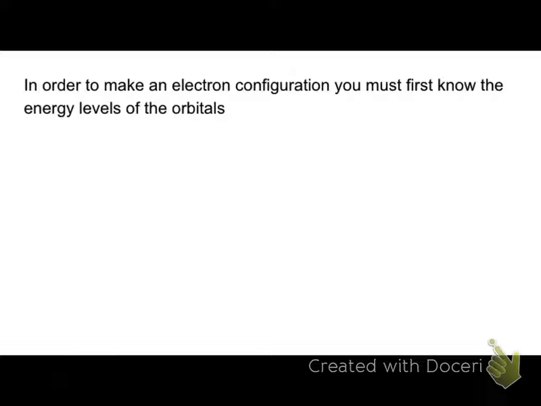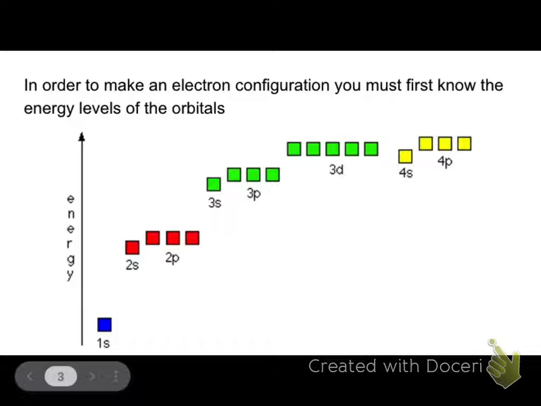So, in order to make an electron configuration, you first have to know the energy levels of the orbitals. And I have provided you with two handy-dandy graphics to help you understand energy levels of orbitals. Okay? The first one, you have one axis on the side there that's showing you that as we go up on this graph, the energy level for these orbitals is going to increase.